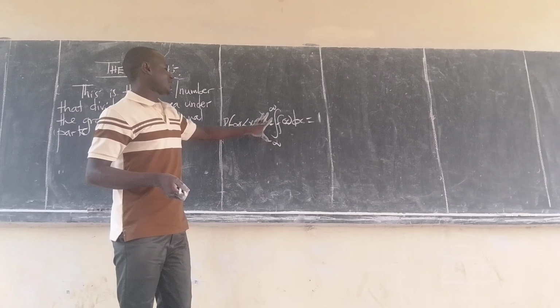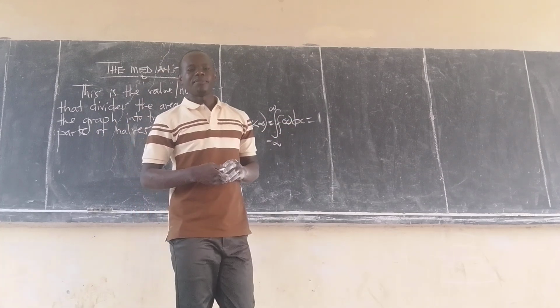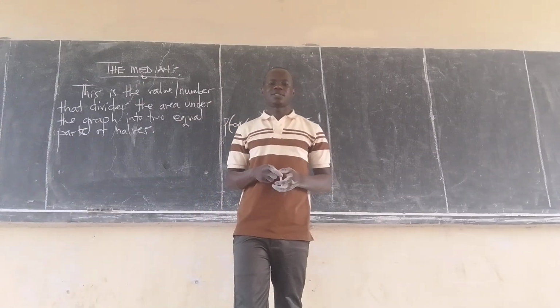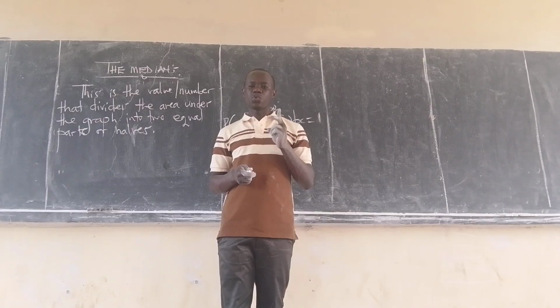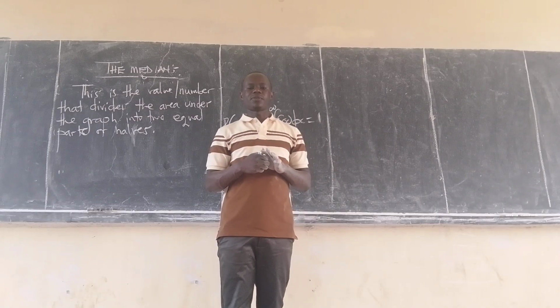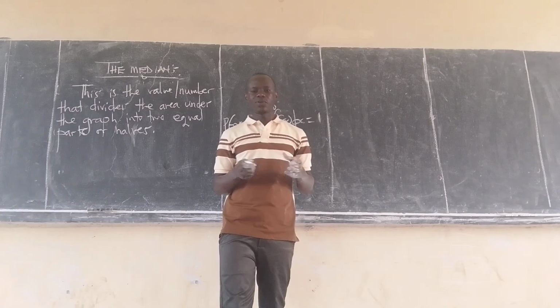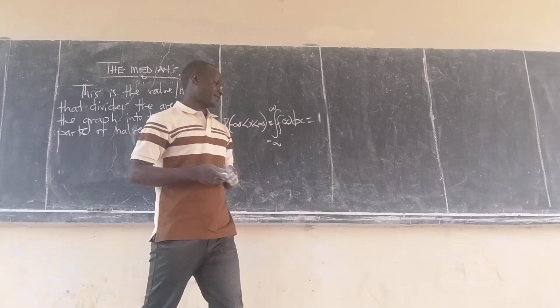Or even when you sketch, if you don't want to go through integration, the median must be that value which divides the shape of the graph into two equal halves, where the probability of one part is equal to the probability of the other part, and each is equivalent to a half.